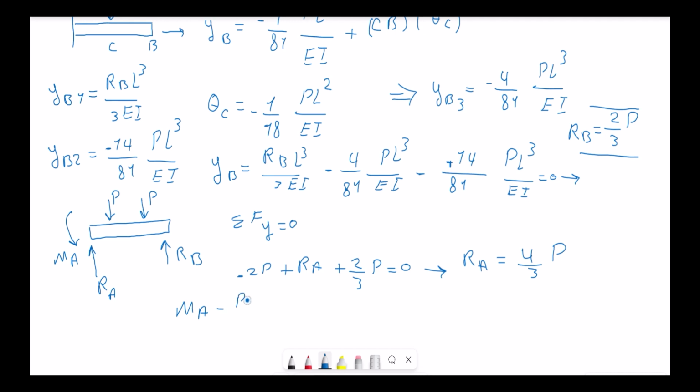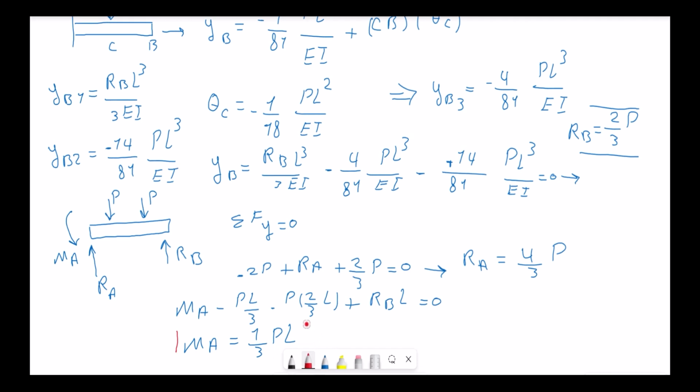Minus P times L/3 minus P times 2/3 of L plus R of B times L equal to 0. So M of A is going to be 1/3 of PL. So now we found all the reactions that the problem was asking us. And this is R of A, and this is the moment, and we found R of B.